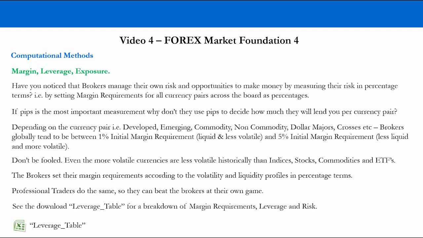Well, the interpretation here is that if you are ever fully exposed, let's say the broker sets their margin requirement at 1%, and you decide you put $1,000 in your trading account, that means you can have up to $100,000 exposure.